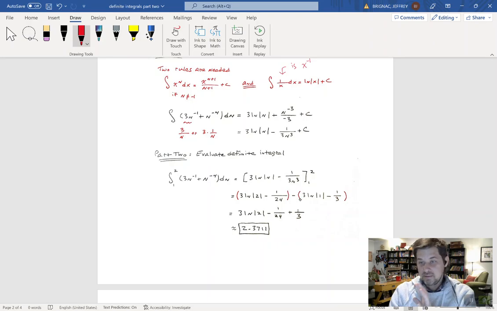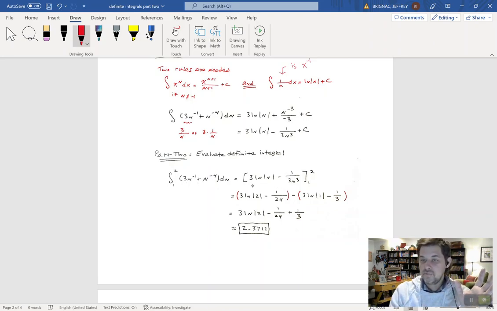So I just write that to be careful. If you were going to plug this into a calculator, you would need to use parentheses to say that that subtraction applied to all that stuff, okay?